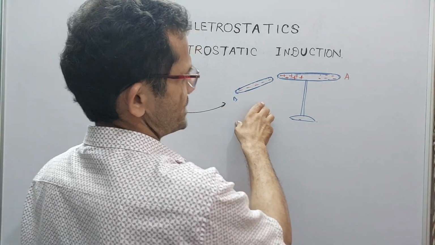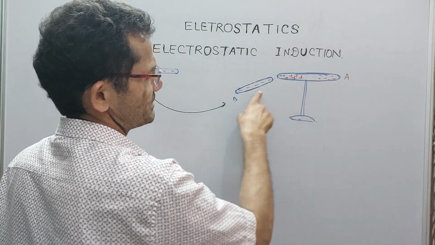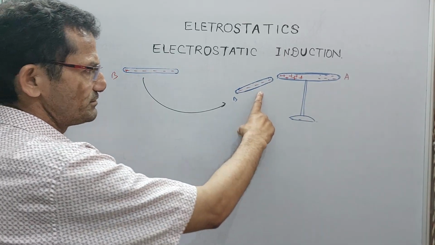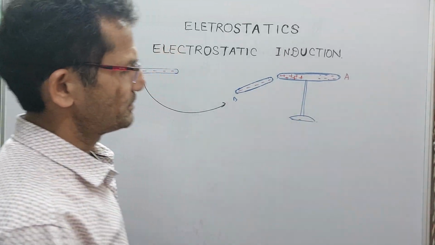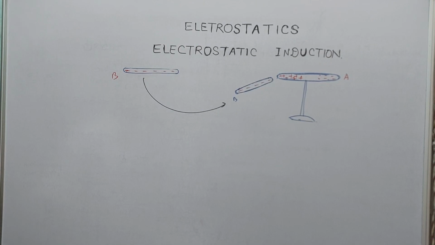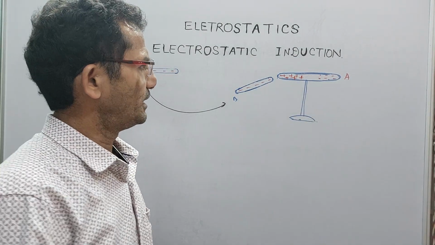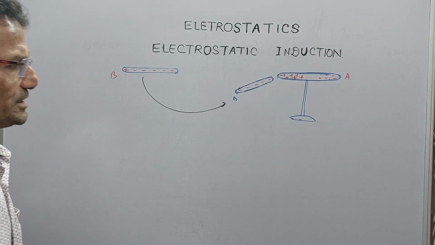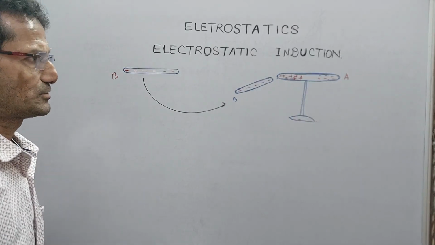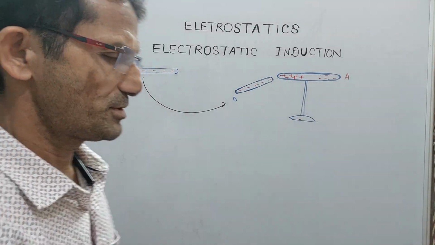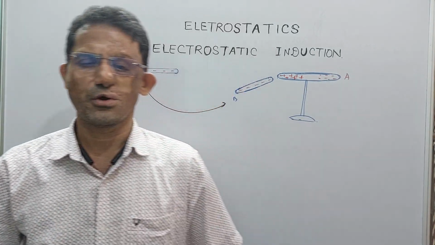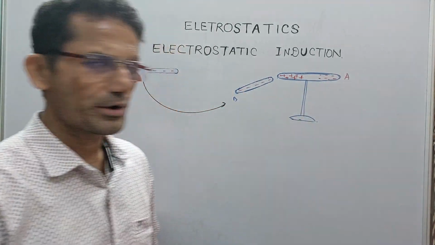Due to the electrostatic repulsion between negative charges, and pulling forces between negative and positive, in this way we can induce any type of charges in an electrically neutral object. So this is known as electrostatic induction. We have redistributed, not transferred, the charges from rod B to rod A.